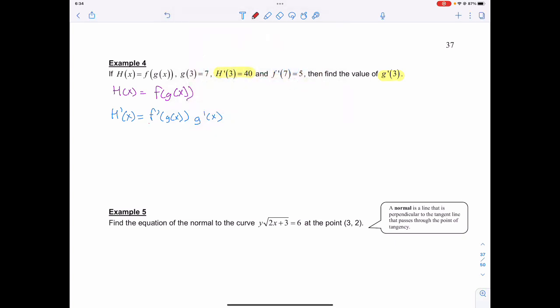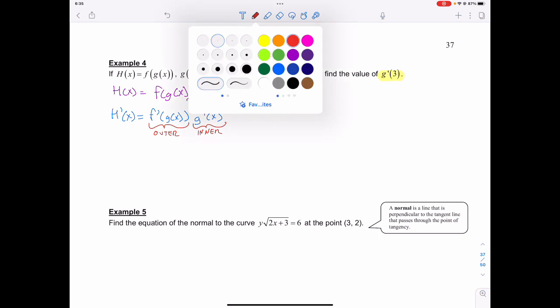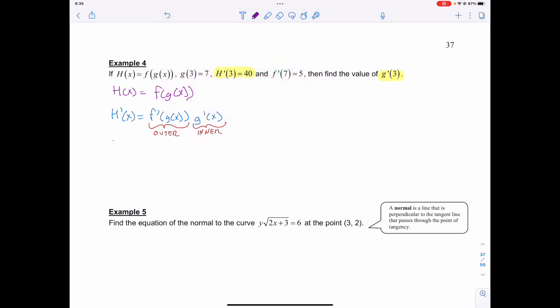Remembering that this is our outer and this is our inner. Which means that h prime of 3 has to equal f prime of g of 3 times g prime of 3.